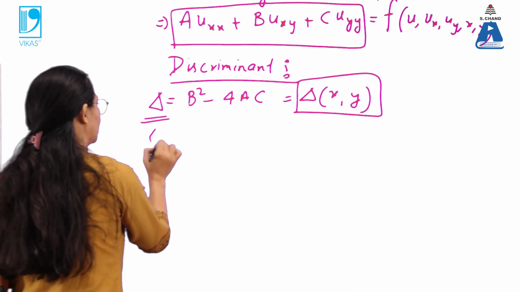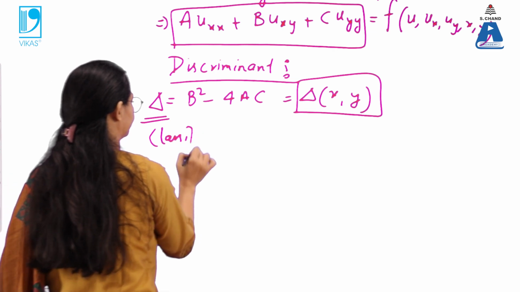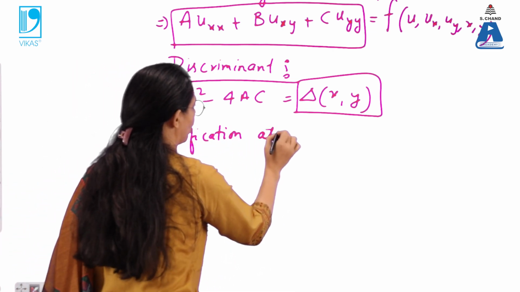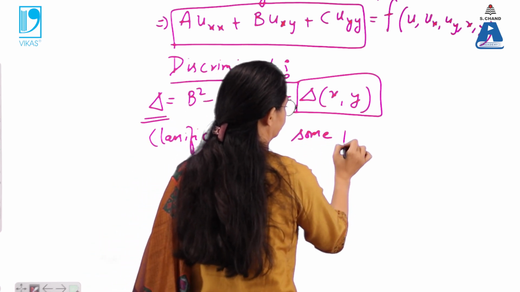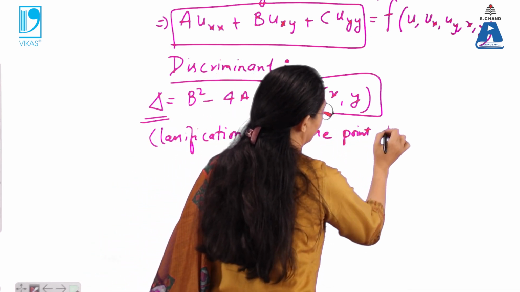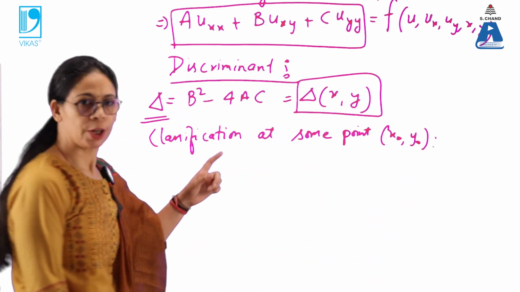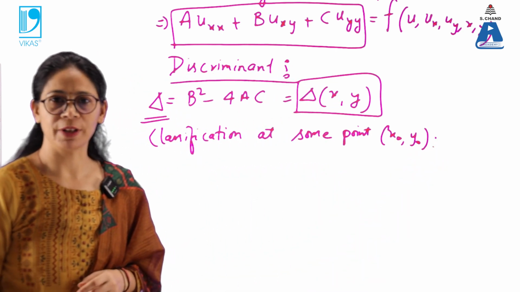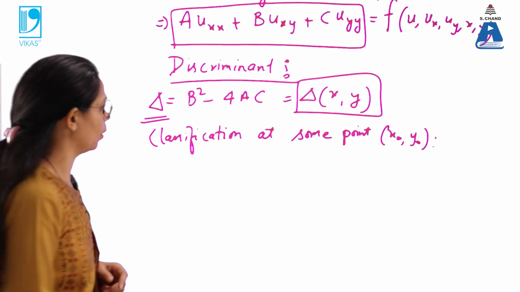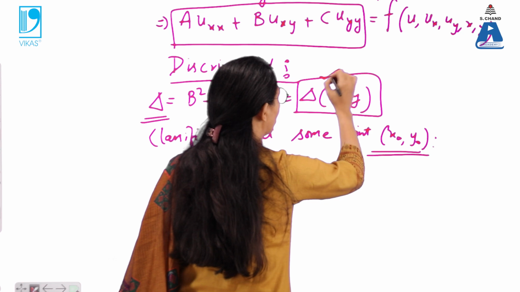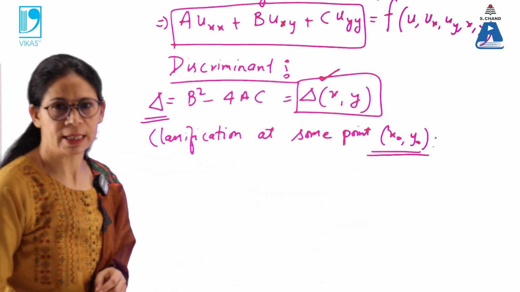So, classification of the second order linear partial differential equation at some point x naught y naught. At this point x naught y naught, we will find out the sign of the discriminant.